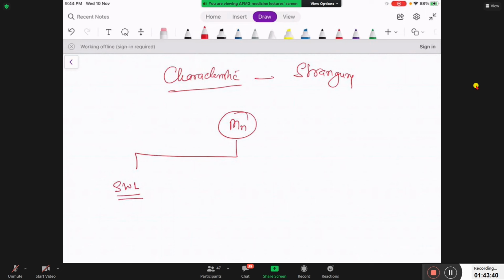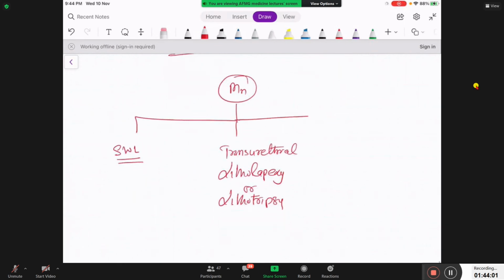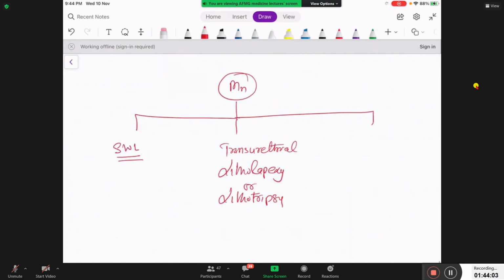We have transurethral litholapaxy or lithotripsy.